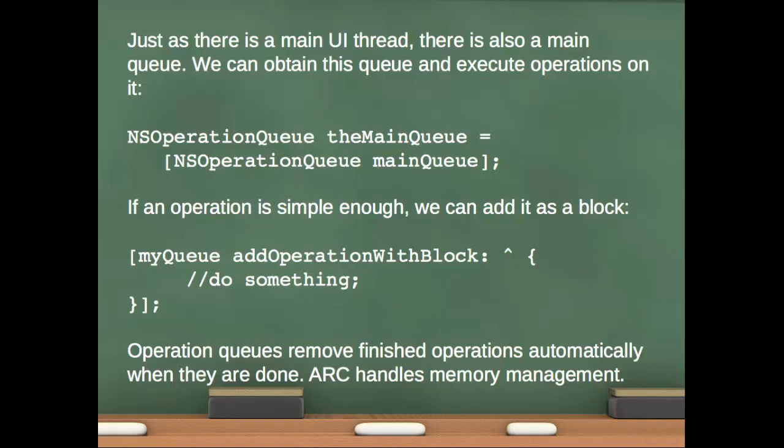We can also add an operation to the main queue to be performed on the main queue. We could also just perform something on the main queue. We could use Grand Central Dispatch to perform an asynchronous task on the main queue. So all of these technologies are related, and we can use them all together.